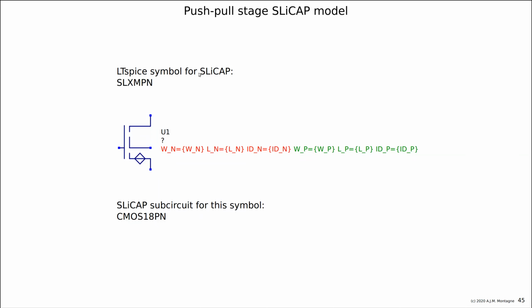The symbol that you have to place in SLiDeGap is SL from SLiDeGap, X from subcircuit, M from MOSFET, and PN because there's both a P and an N device in it. And the subcircuit that accepts these parameters and calculates the small signal equivalent model parameters for you is CMOS18PN.